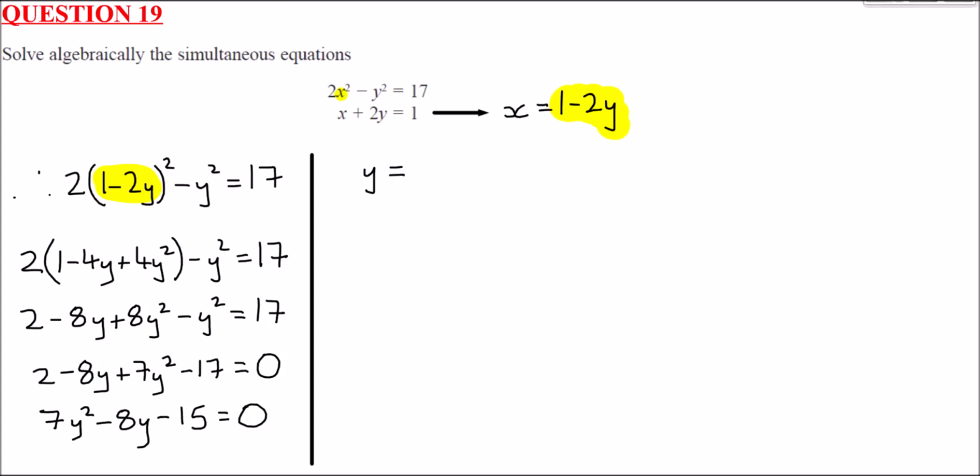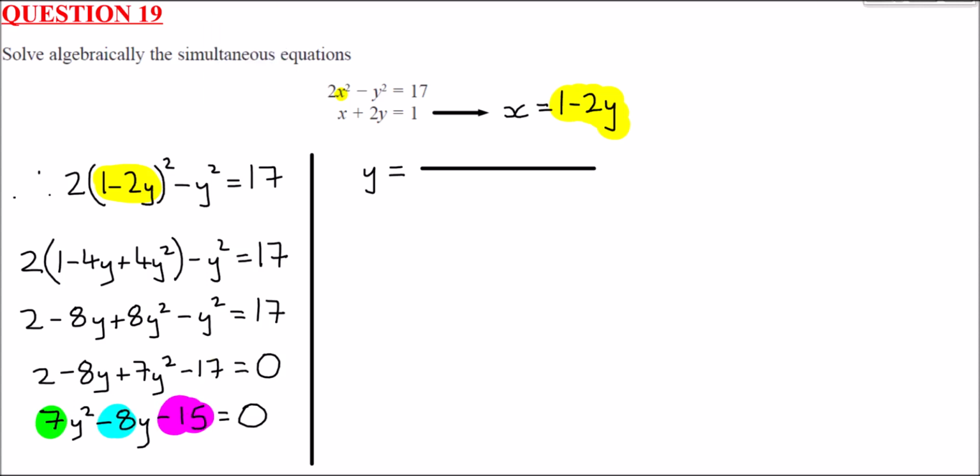By doing minus b, so minus b, remember a, b, c. So I'll just colour code these so you can see. So that's our a, the coefficient of y is minus 8, then minus 15.